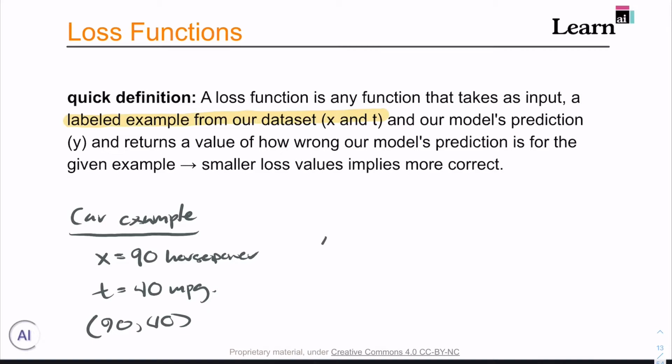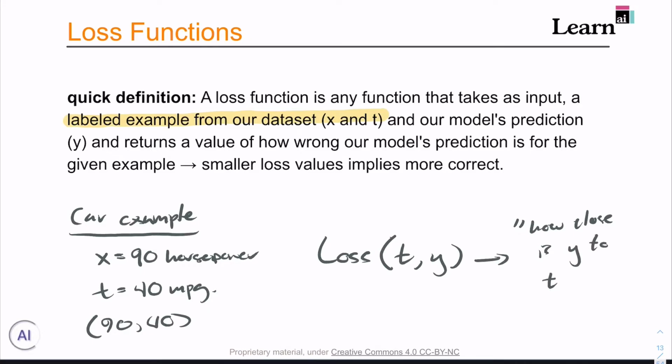So a loss function takes in t and y and outputs some measure of how close y is to t. Important to note, y is just equal to f of x here, where f is our model.